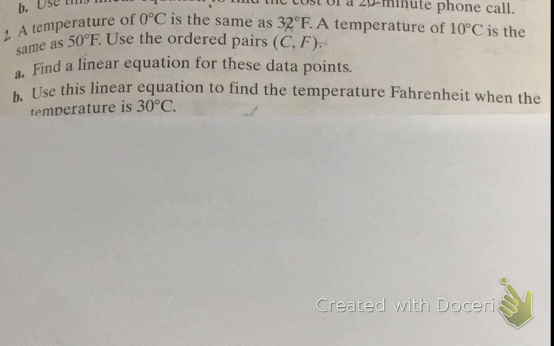Right, so this time I'm going to use the y equals mx plus b method. Although I don't like it, I will be using it. What are my ordered pairs first? 0, 32 and 10, 50.